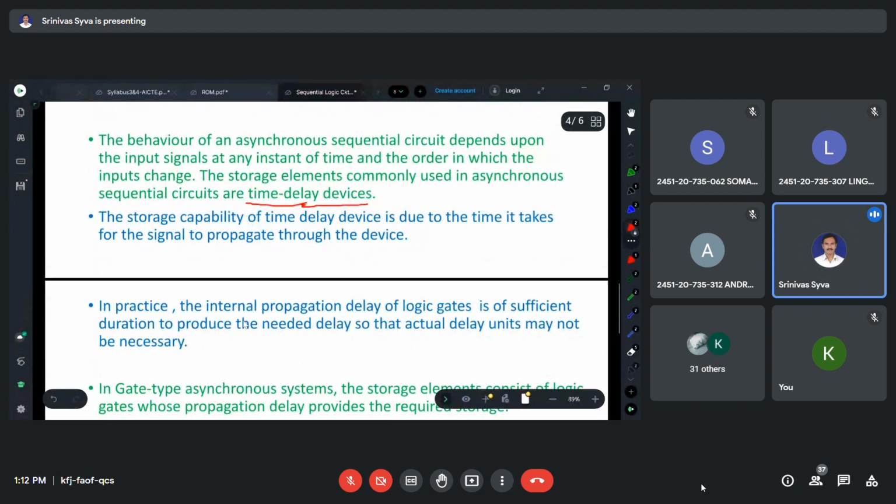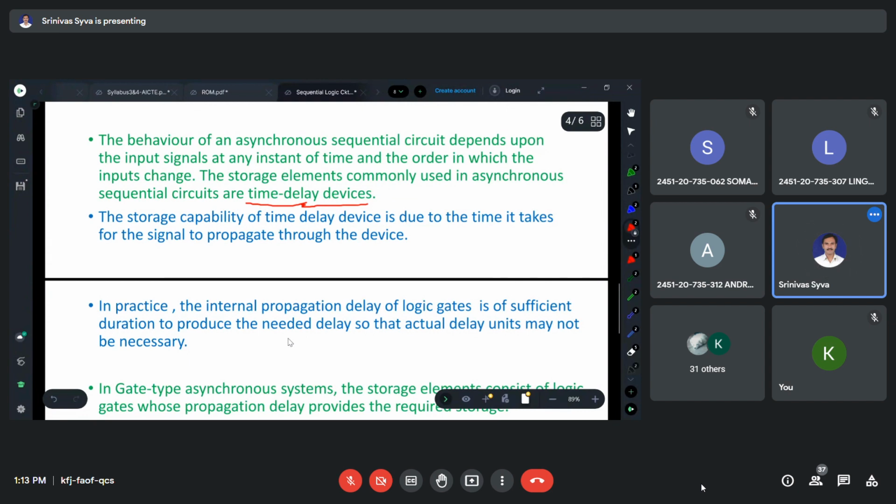In practice the internal propagation delay of logic gates is of sufficient duration to produce the needed delay, so that actual delay units may not be necessary. Delay flip-flops we have separately. That is not required here, it is only being mentioned.